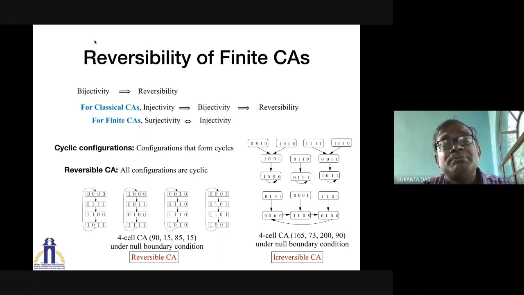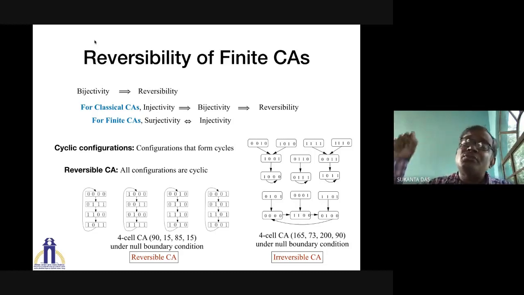What is the meaning of a non-reachable configuration? It means it has no predecessor. So in the codomain you find some configurations which have no predecessor.